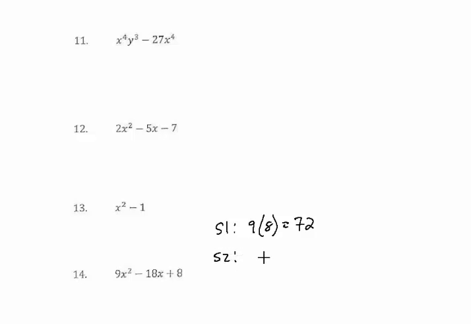Step 2, we factor 72, and so we have 1 and 72, 2 and 36, 3 and 24. Let's see. Does 4 divide evenly? Yes, we have 4 and 18.